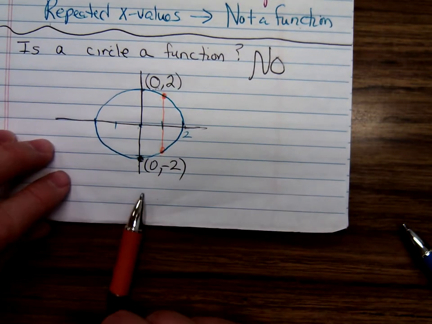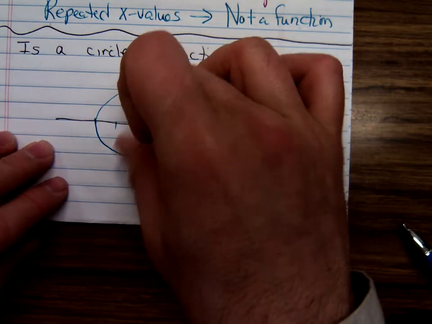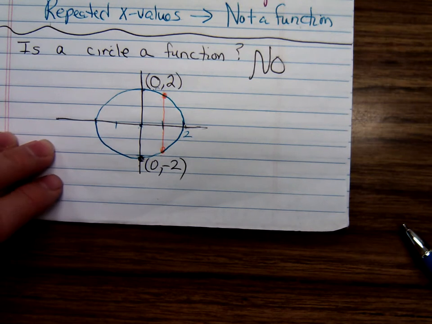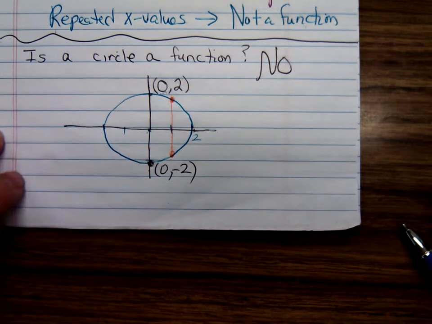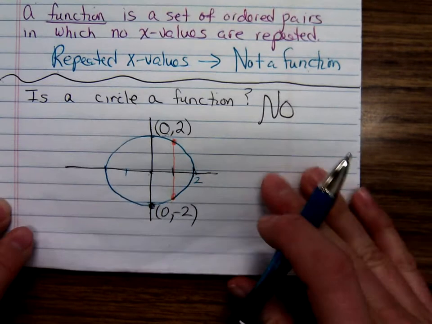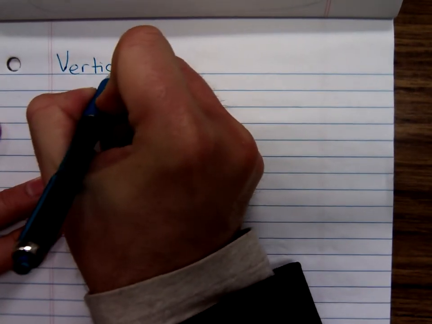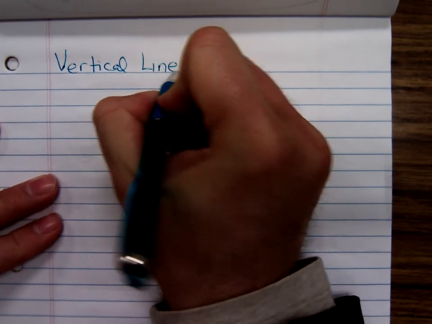What about ellipses? If we flattened this some and had an ellipse, would it be a function? No. Hyperbolas? No. There's something called the vertical line test. Here's how you can just look at a graph and decide, is it a function? Vertical line test.